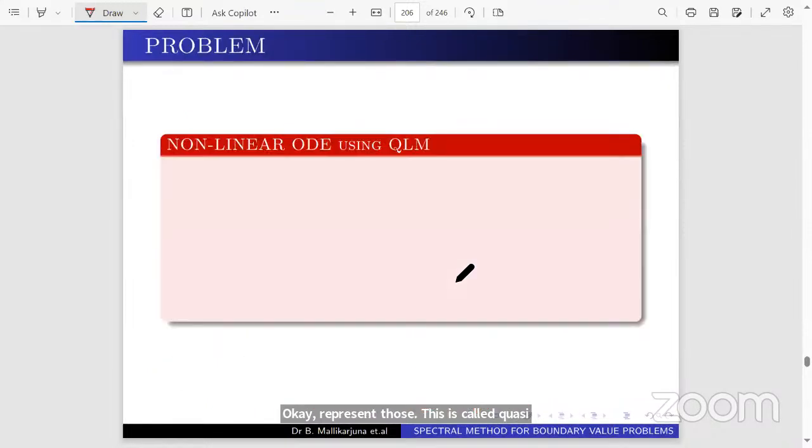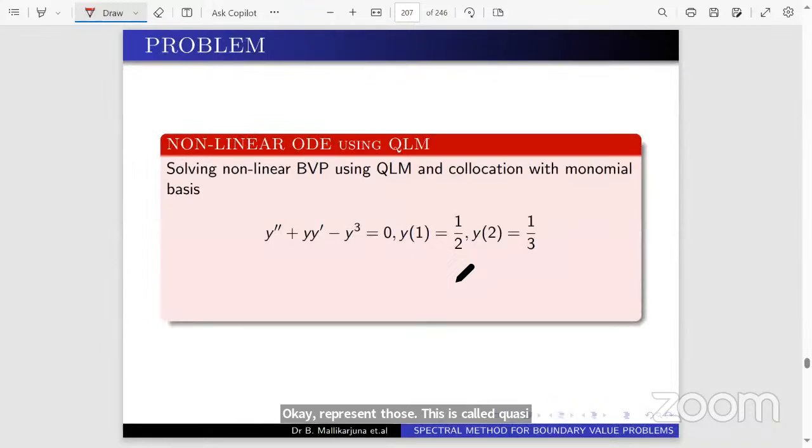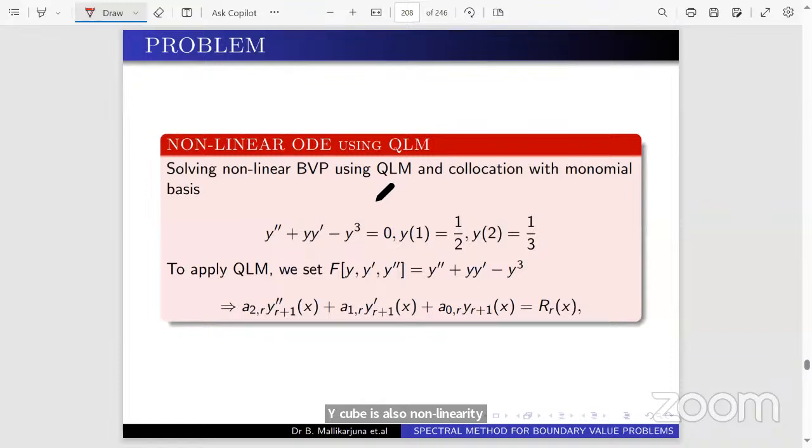Let us see one nonlinear ODE. This is y double prime, y prime minus y cube. There is a nonlinearity here. Y cube is also nonlinear. And how do we convert this into linear form? Start with the second derivative, a2r. In place of this, you can take any notation.